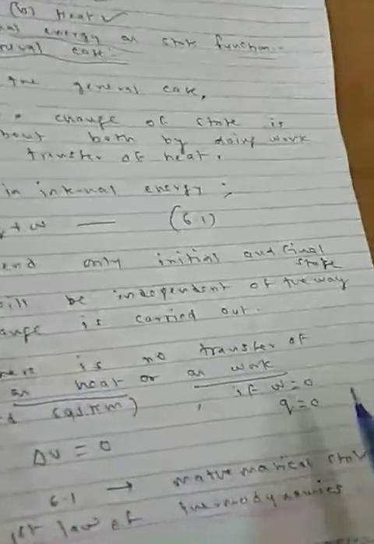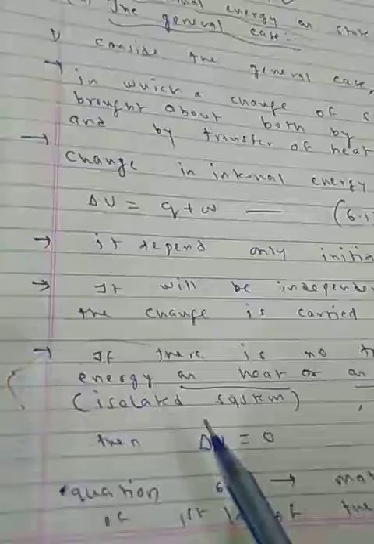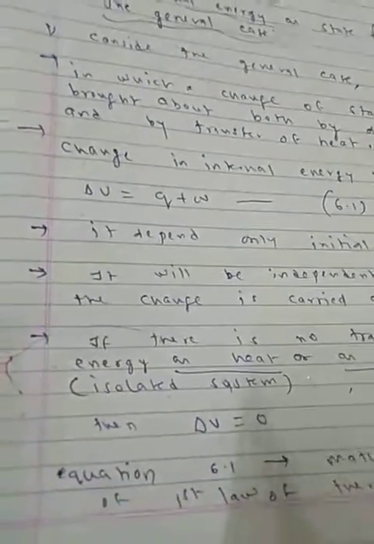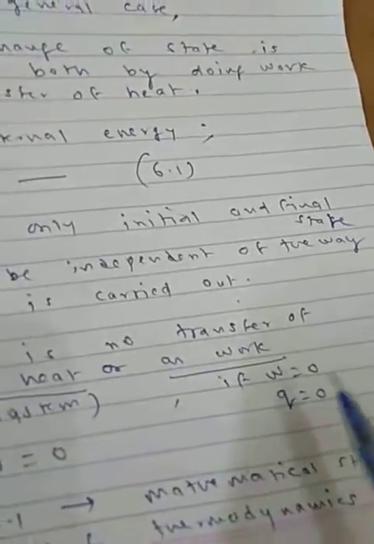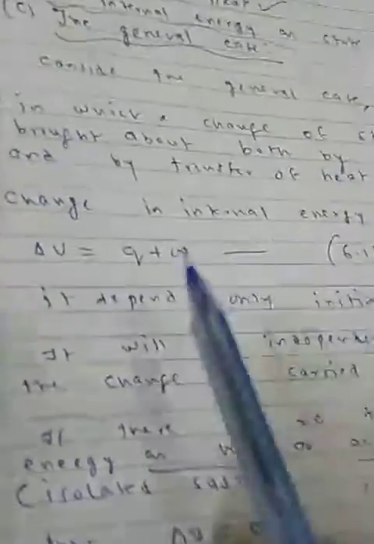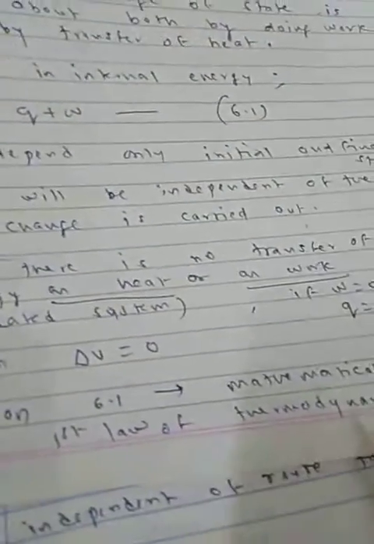If there is no transfer of energy as heat or as work, means isolated system, the third system we did, then work is 0, heat is 0, then your delta U is equal to 0. Here we will put the value Q and W, then delta U is 0. Then equation 6.1 is the mathematical statement of the first law of thermodynamics. Okay, this is called the first law of thermodynamics.